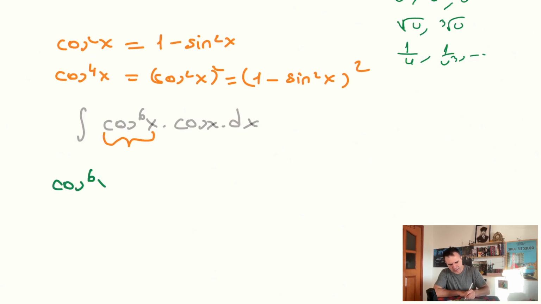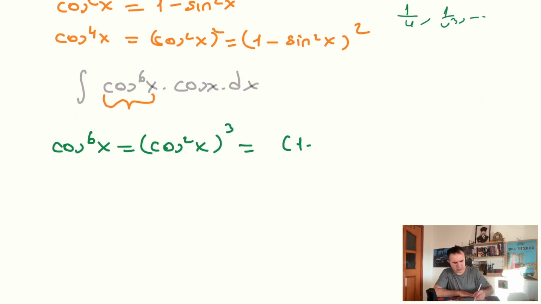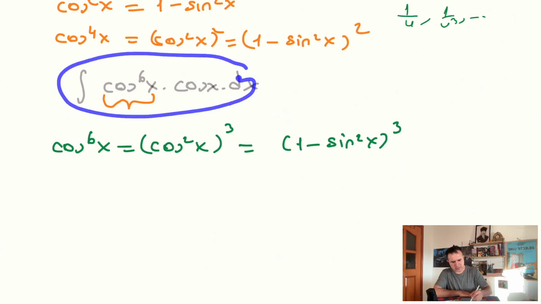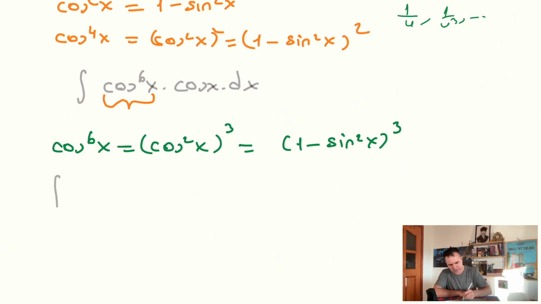Cosine to the 6th power of x is equal to the cube of cosine squared of x, and cosine squared of x is equal to 1 minus sine squared of x. So this integral can be written as 1 minus sine squared of x, cubed, multiplied by cosine x dx.